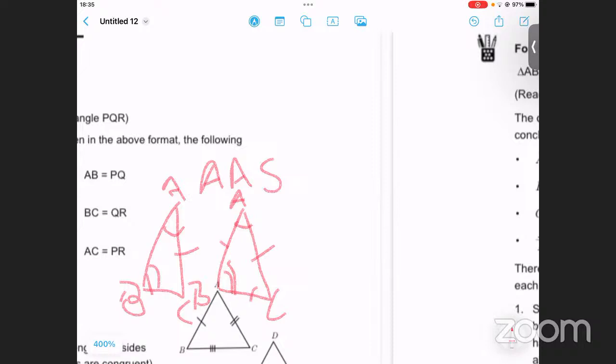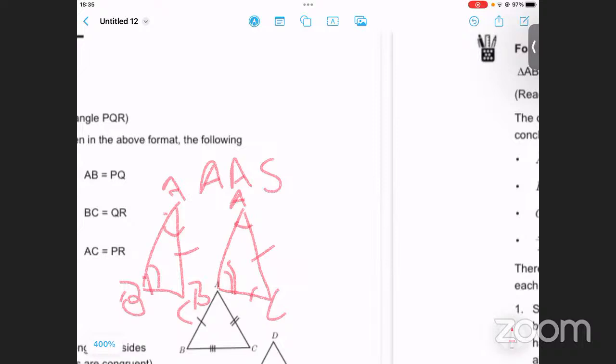If it's between here, that means it's going to be angle, side, angle. So if it's angle, side, that means there must be two angles, and between those two equal angles there must not be an equal line that is equal to the other triangle.